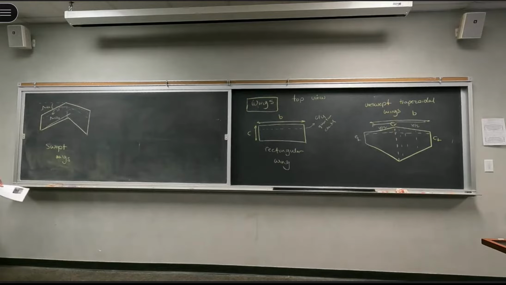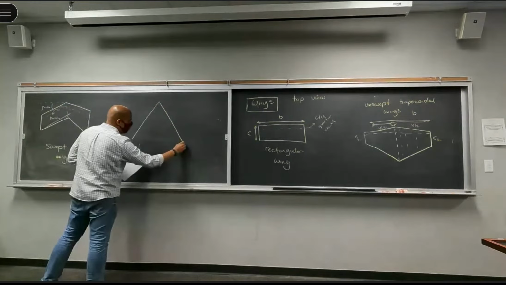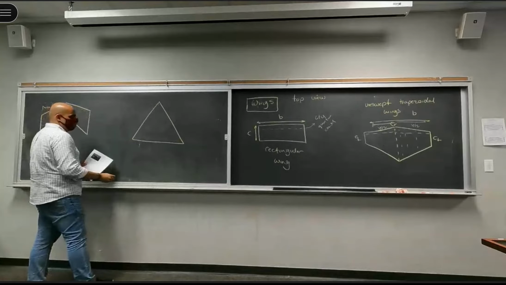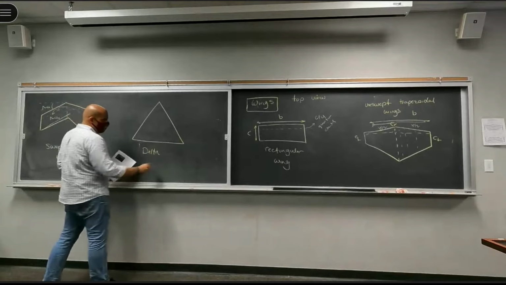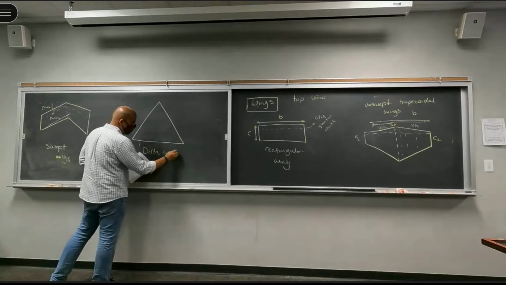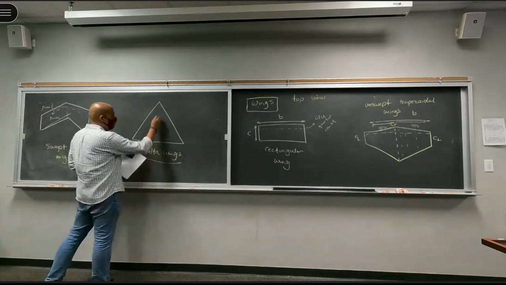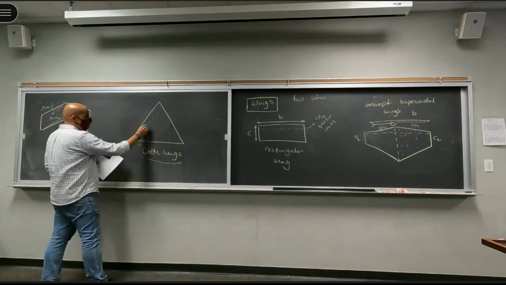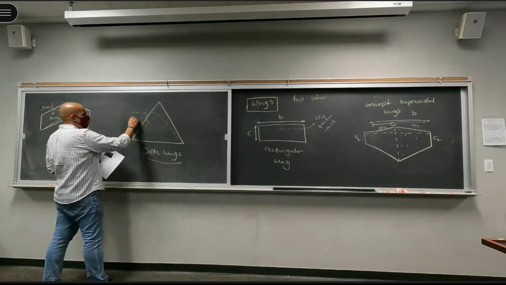The last type of wings that are very famous are called the delta wings, a special type of swept wings. And the quarter chord line will look something like this.